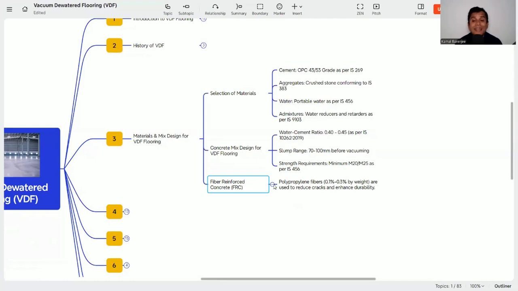Although we are doing VDF flooring in panels of 4 meter by 5 meter or 4 meter by 6 meter as per the project specification, there is still a chance that cracks can be generated on the surface. That is why we are introducing polypropylene fibers in the concrete. It reduces the cracks and enhances the durability. So these are the material and the mix design for the VDF flooring.